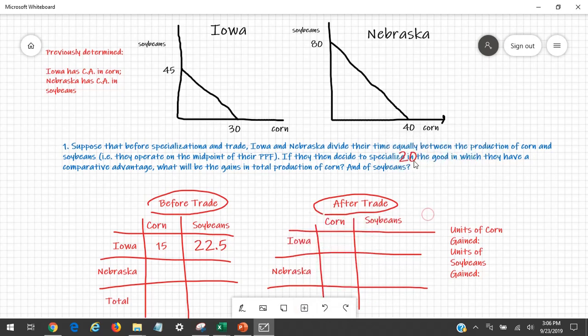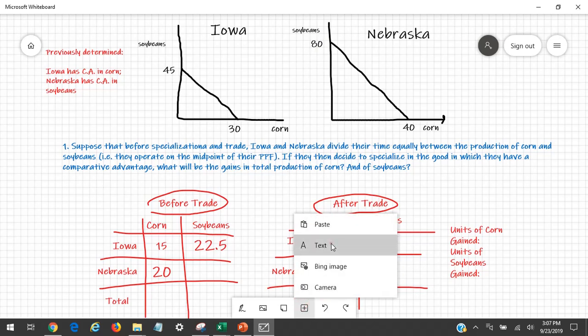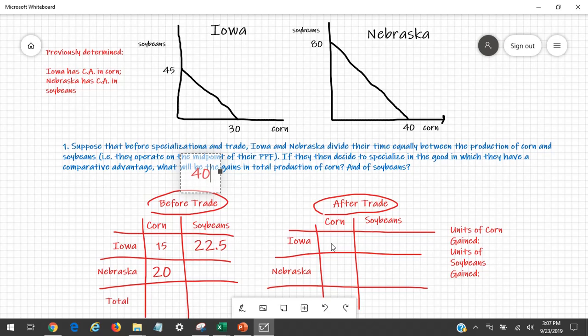So before trade, Nebraska produces 20 bushels of corn. And then 80 divided by 2 is going to give me 40 bushels of soybeans produced by Nebraska. So you just take the endpoints of the PPF and divide them by 2.